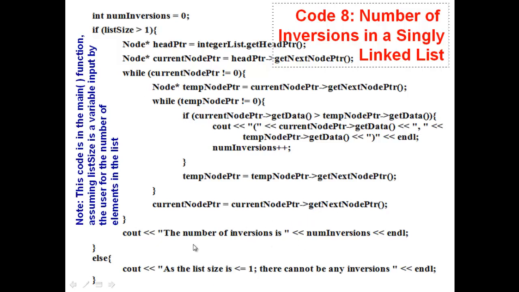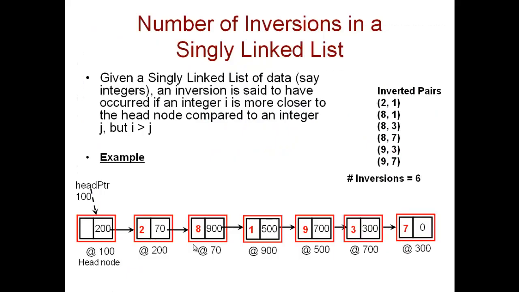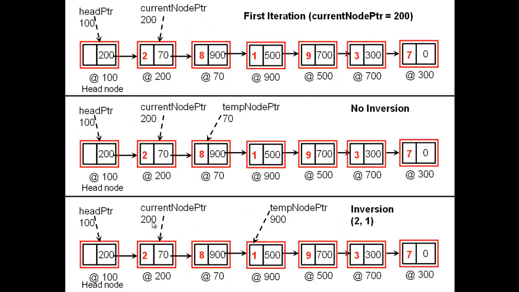Okay, so how is this related to your assignment 2? That is like, so you want to find if the given list of elements is unique or not. So you see here, this list has unique elements 2, 8, 1, 9, 3, 7. So you could use a similar logic. You fix the current node pointer to be at one node, and then move the temp node pointer to all the nodes to its right.